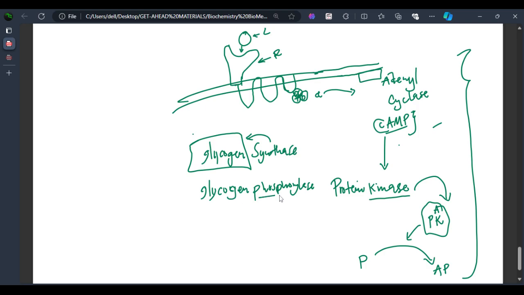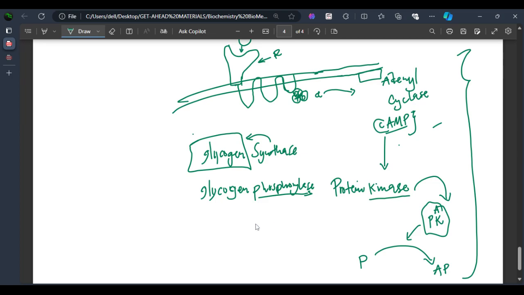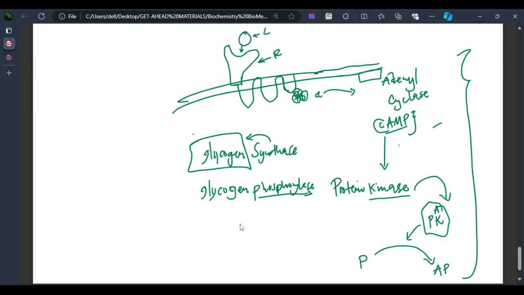While glycogen phosphorylase does the opposite, it breaks down glycogen into glucose 1 phosphate monomers. So these enzymes act differently, but they are all activated by the action of cyclic AMP. For glycogen synthase, if you phosphorylate it, it's going to be deactivated, inhibited.